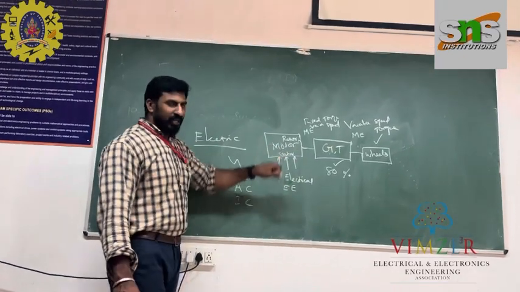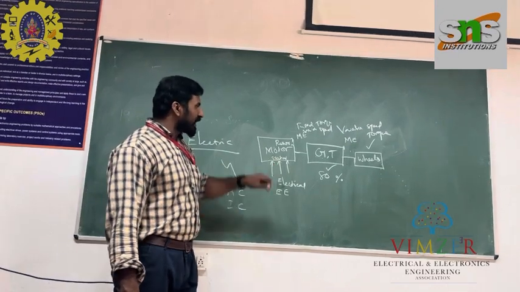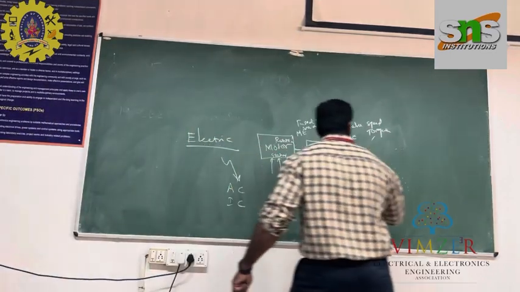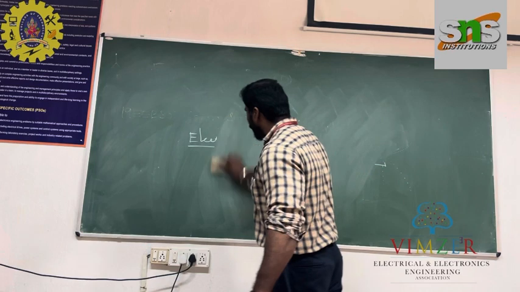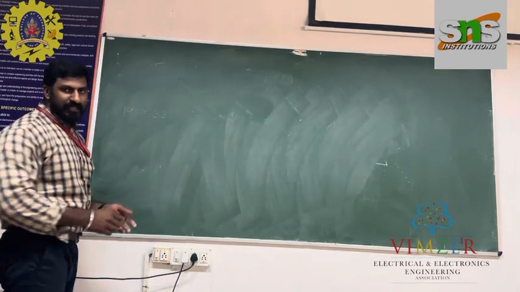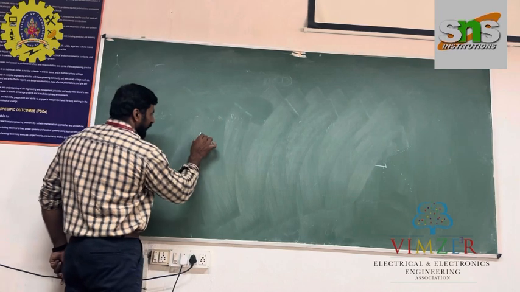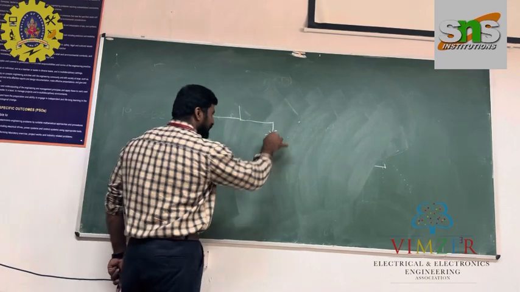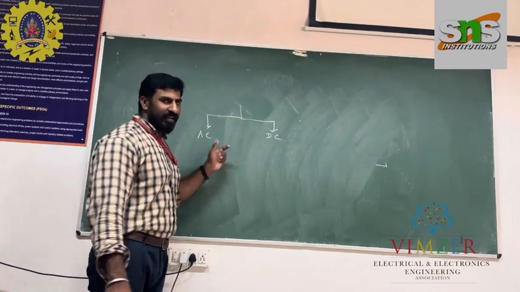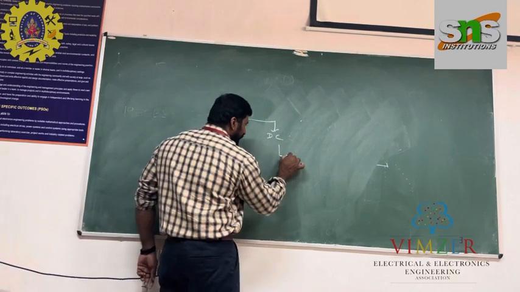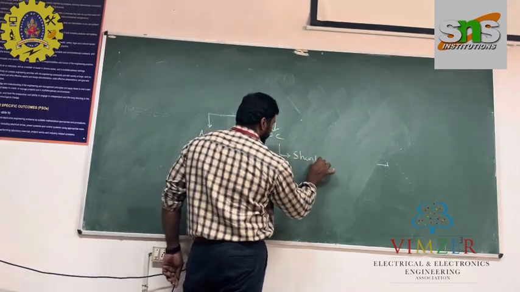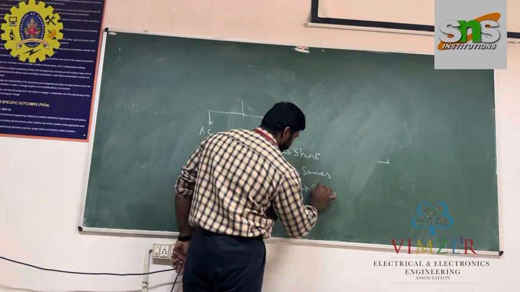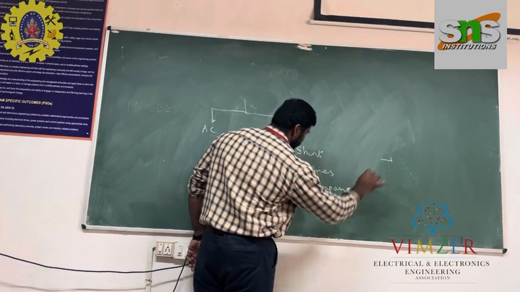Okay, so now the motor. In the motor segment, we have different kinds of motors. For example, in your previous or lower classes we studied different kinds of motors. Based on the power supply, we have AC motors and DC motors, because only AC and DC are available. In DC motors we have the shunt motor, series motor, and compound motor.